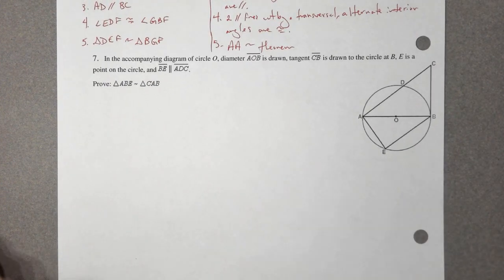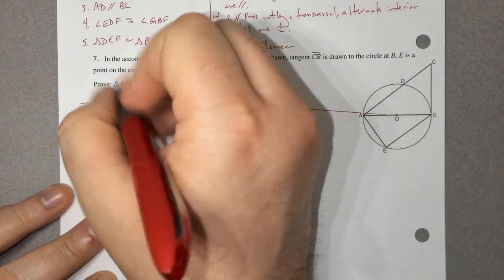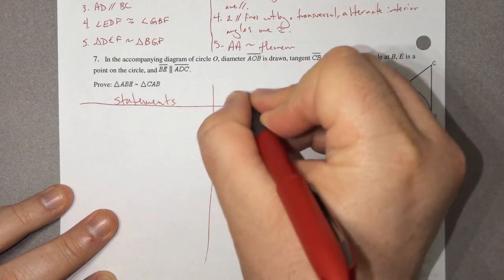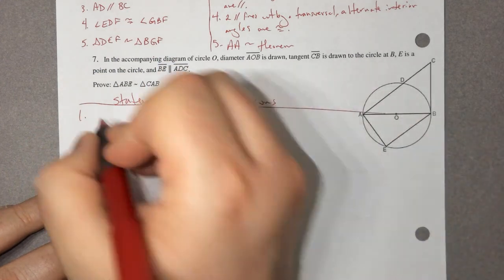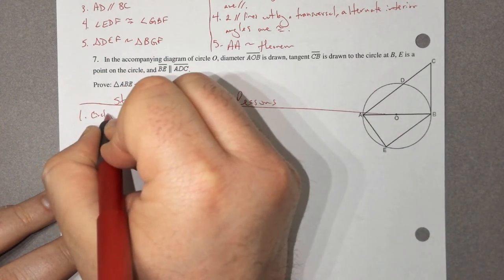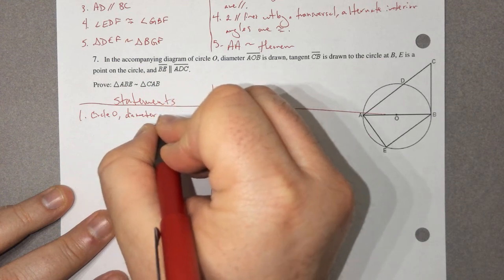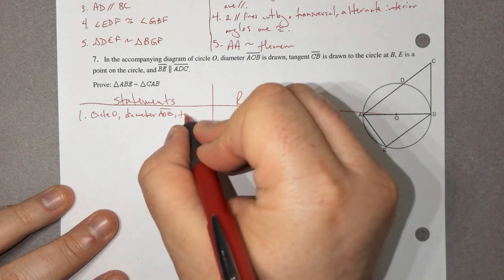Here's a circle proof. All right. So let's get the statements and reasons down. So we have circle O. We have a diameter. We have tangent.